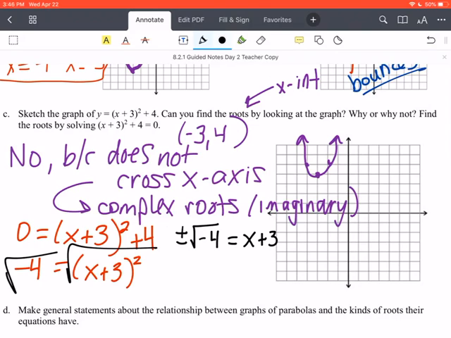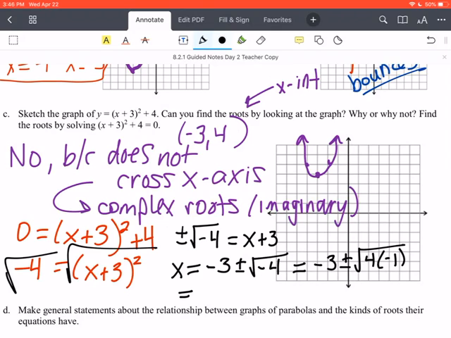Now I need to subtract my 3, so look at how I write my answer. We have -3 plus or minus the square root of -4. Okay, now is where we want to get this into imaginary form. So we can rewrite it as -3 plus or minus the square root of 4 times -1. And this is a good review from yesterday.